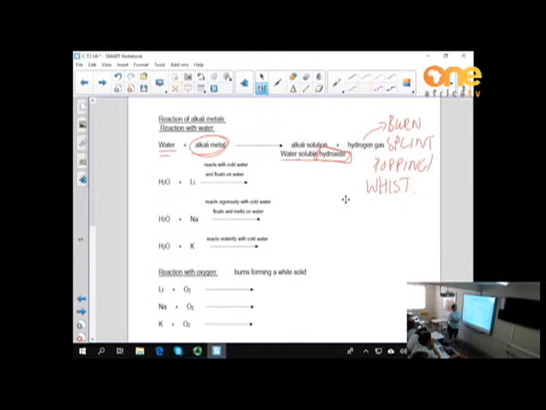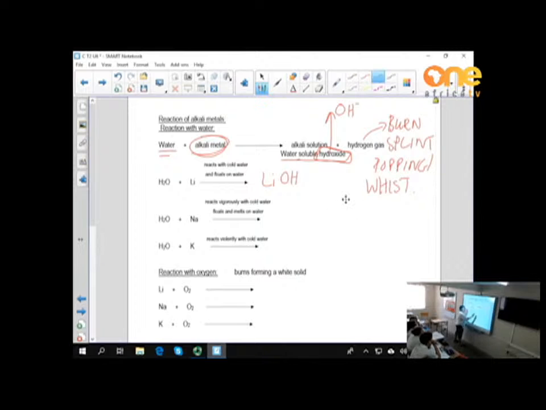If we have a look at the reaction of lithium with water, who can remember what the formula of hydroxide looks like? Yes, it is OH. Remember, it's one of the polyatomic ions, and it's got a charge of -1. Okay, so now, when lithium metal reacts with water, what is the product going to be? Lithium hydroxide.